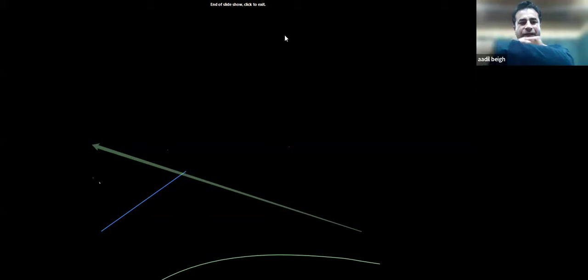For example, this is the vein, this is the thrombosed segment, and there is a stenosis here. This stenosis has caused stasis of the blood, which is why it is thrombosed. So you have to correct this stenosis also. If you do open or endovascular thrombectomy and remove the thrombus, it will form again. So you have to do thrombectomy with correction of the stenosis, otherwise there is a recurrence.